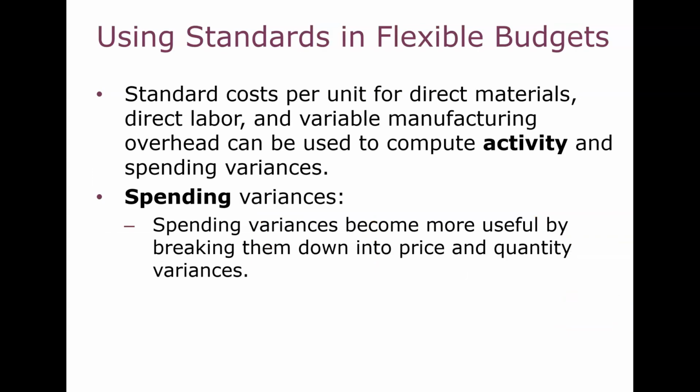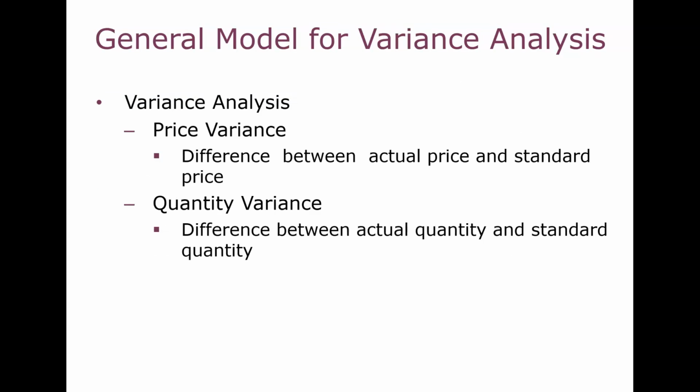We're going to spend our time looking at the spending variances. We're going to look at the money that we're spending and deciding where exactly that variance is coming from. We'll first look at the general model for the variance and then look at more of an algebraic model that will give you the same answer.